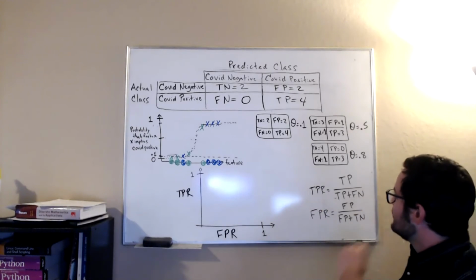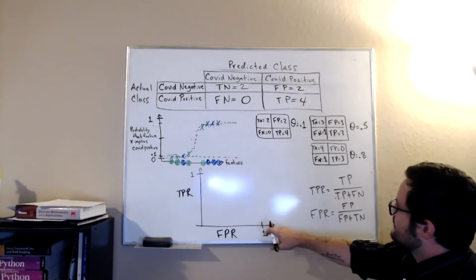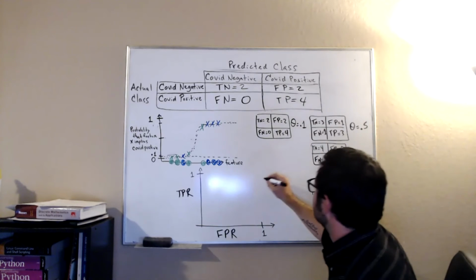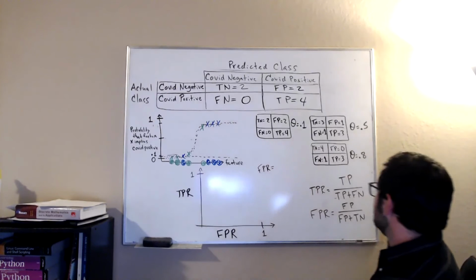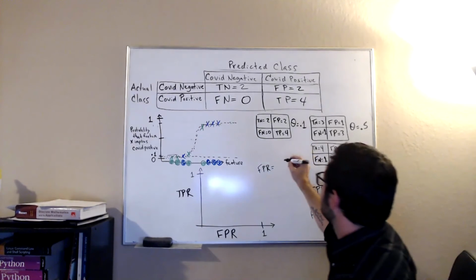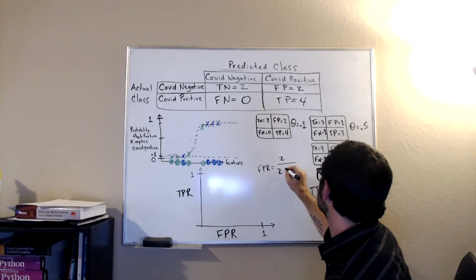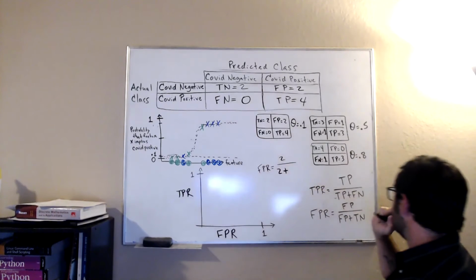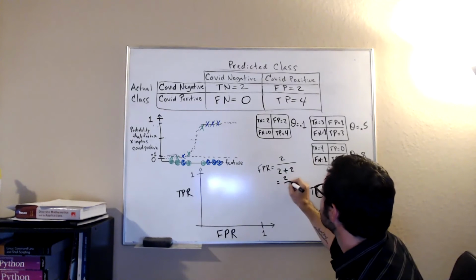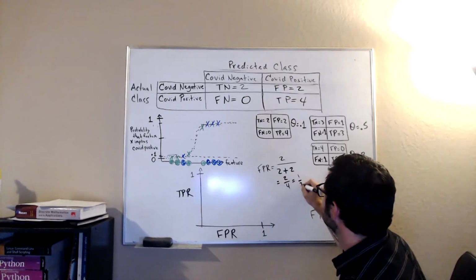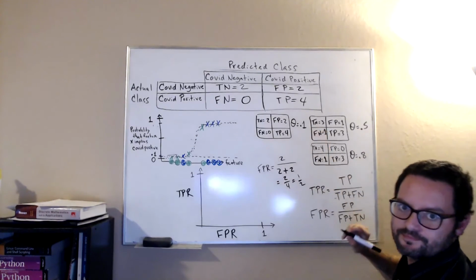So, false positive rate for theta equals 0.1. The false positive rate is the number of false positives over false positives plus true negatives, equals 2/4 equals 1/2. So this is for theta equals 0.1.